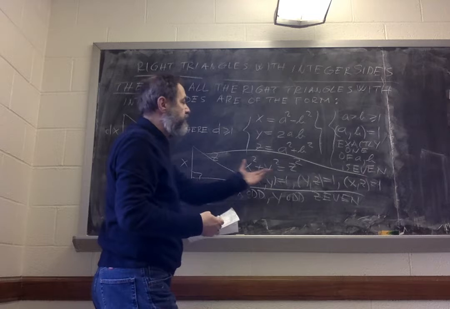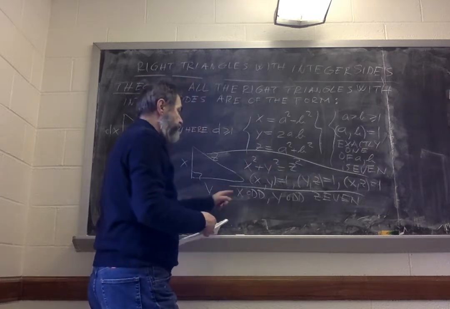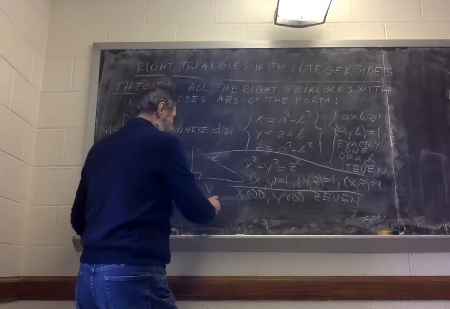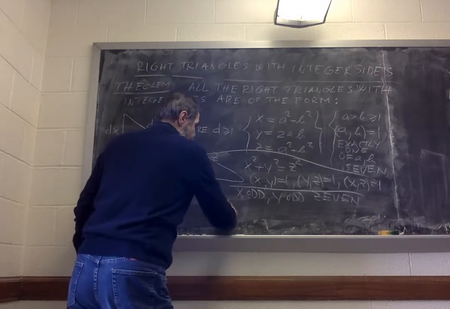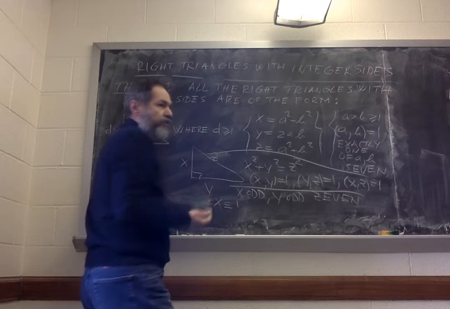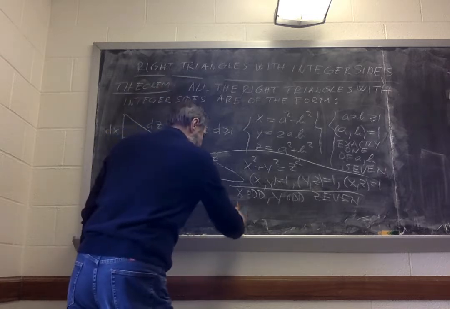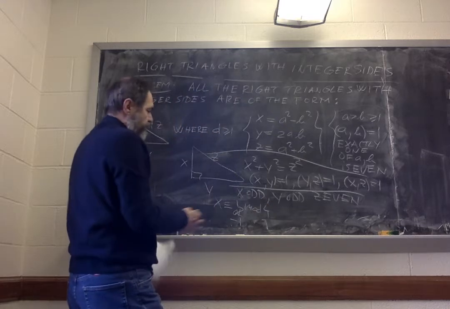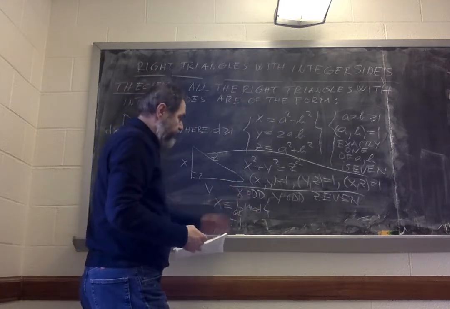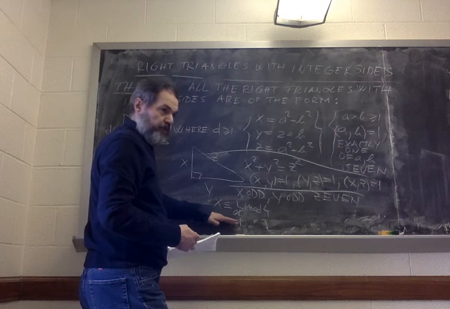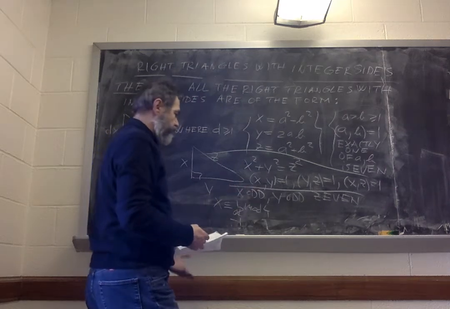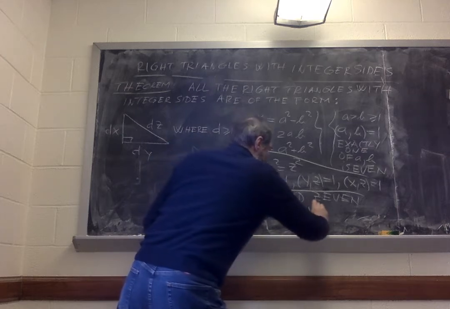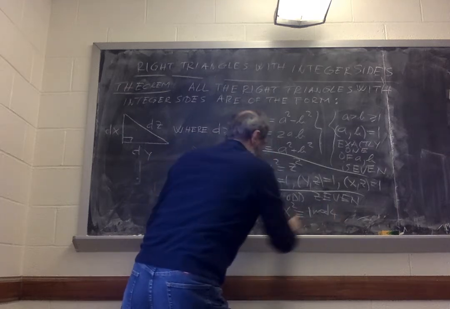When I look at these numbers modulo 4, any odd number is congruent to either 1 or minus 1 mod 4. But when I square it, in both cases it's congruent to 1 mod 4.